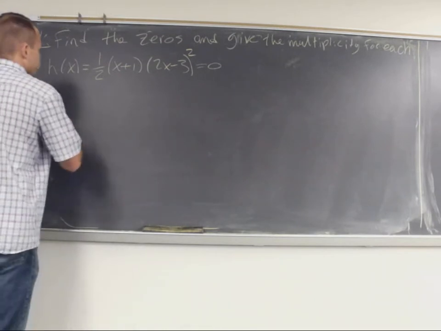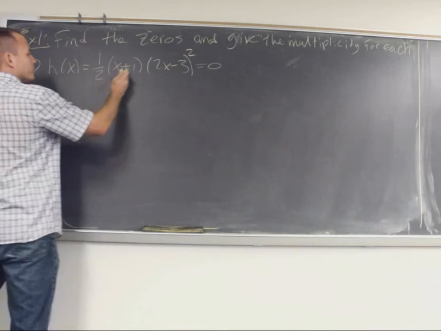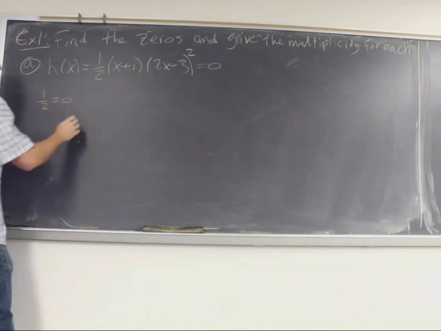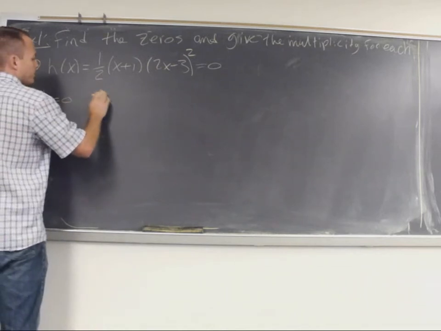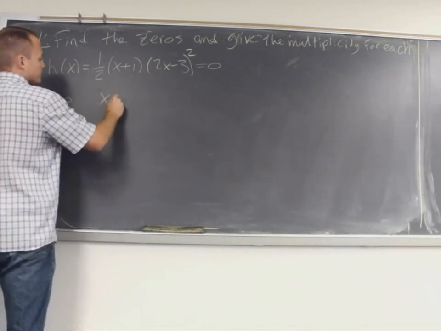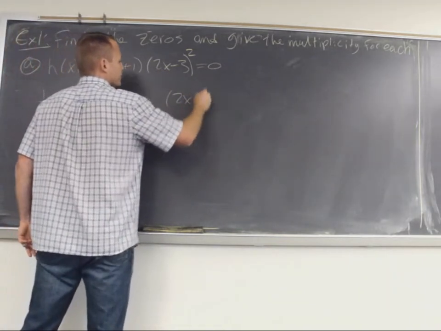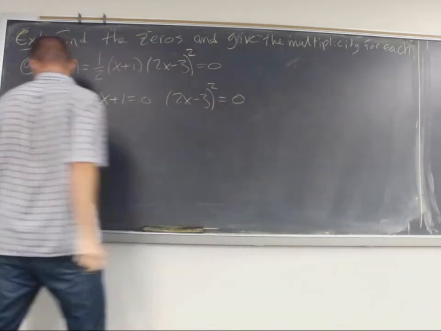So we have 1, 2, 3 things here. So we get 1/2 is equal to 0. And then you have x plus 1 is equal to 0. And then 2x minus 3 squared is equal to 0.